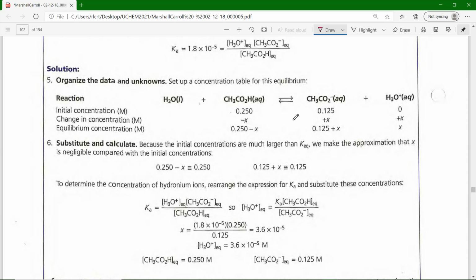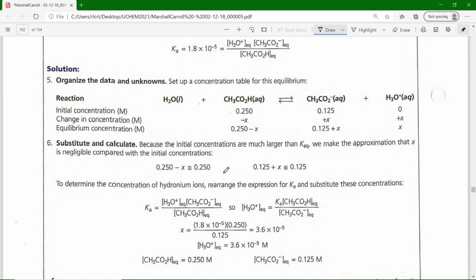So at equilibrium, we are going to have a Ka, if we're focusing on the acetic acid, the way we have it set up, but we also have acetate to begin with. So Ka is the H3O plus times the CH3CO2 minus over the CH3CO2H. And we're going to make the approximation because the initial concentrations are much larger than Keq.